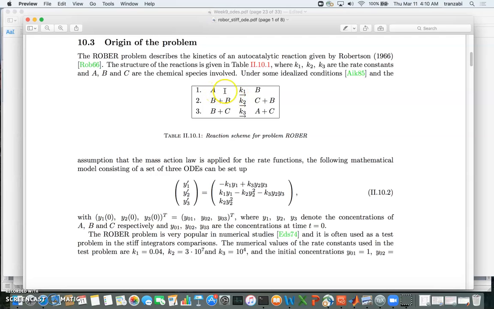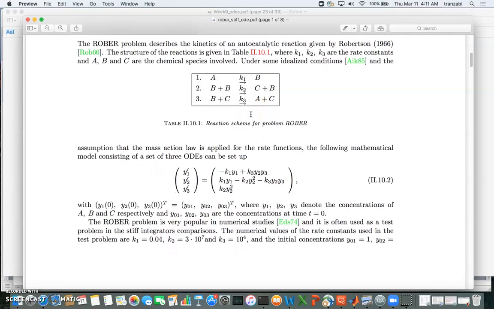Imagine A species are converted to B with the rate constant of K1. Let's say 2 B molecules associate and give rise to C plus B with reaction rate of K2. And then a B molecule plus a C molecule are converted to A plus C with rate constant of K3.